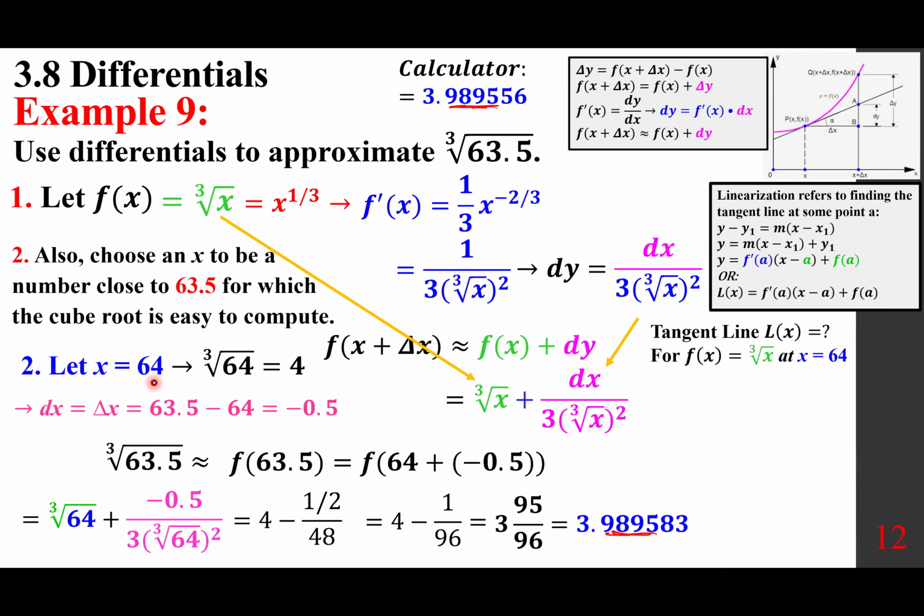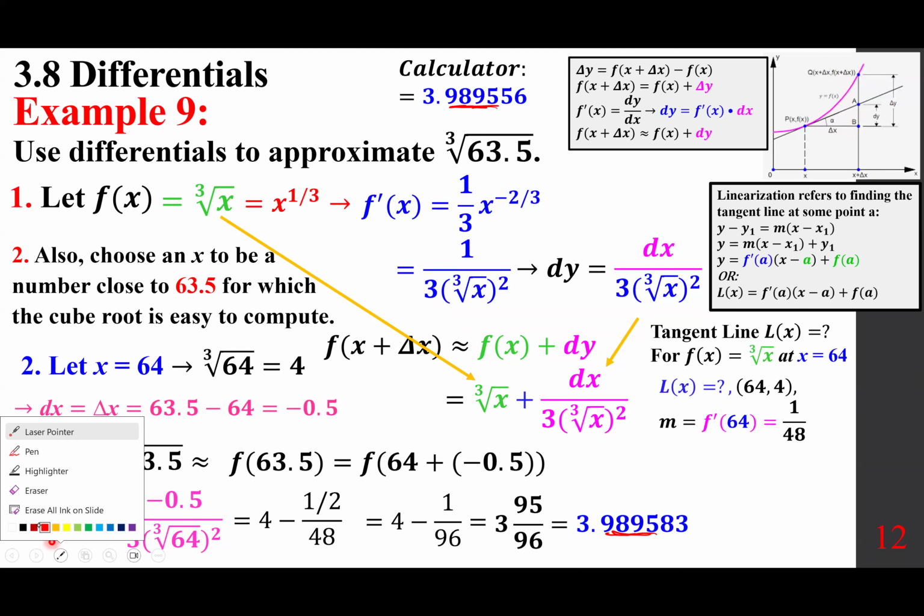So what is the pair? When x is 64, cube root of that is 4. So 64 comma 4. What is the slope? Put the 64 into f prime of x. As you put in 64, you get 4 squared is 16, times 3 is 48, so 1/48.